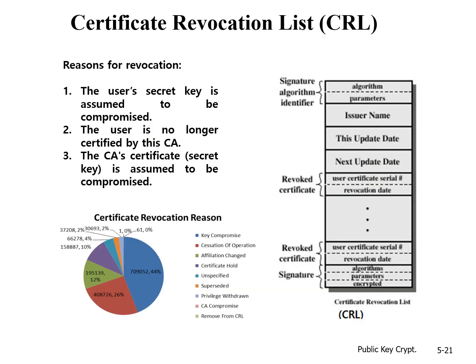Okay, again, this certificate revocation list is like this, the revoked certificate list. And finally, it includes the signature of the issuer.